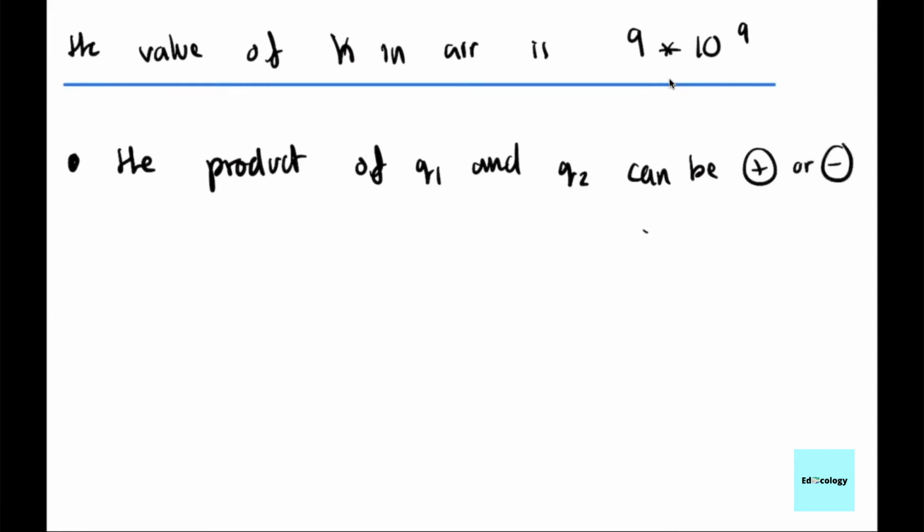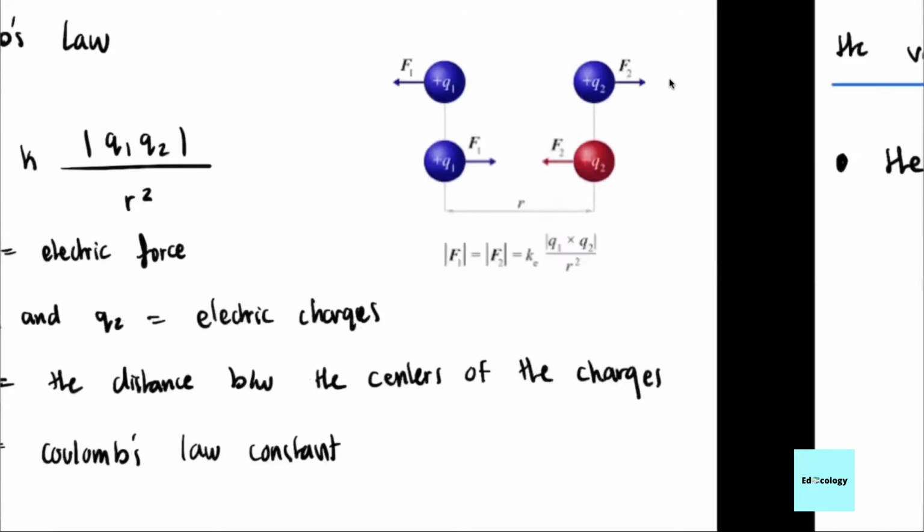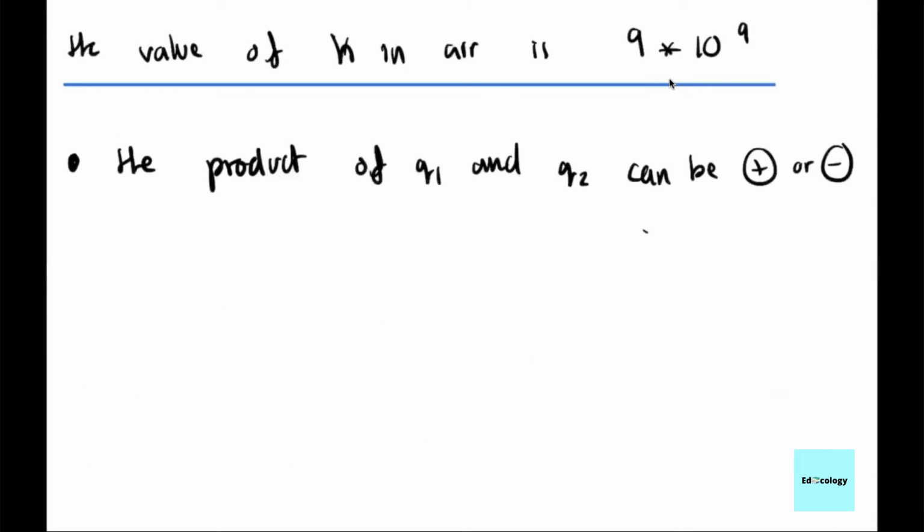Which is why, as you can see here, we use absolute value, because the magnitude of force can't be negative. The negative sign simply shows what direction the force is going towards.